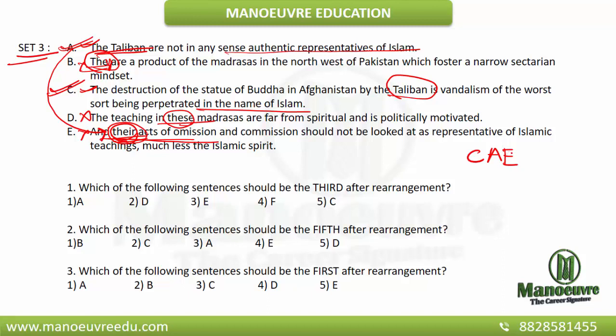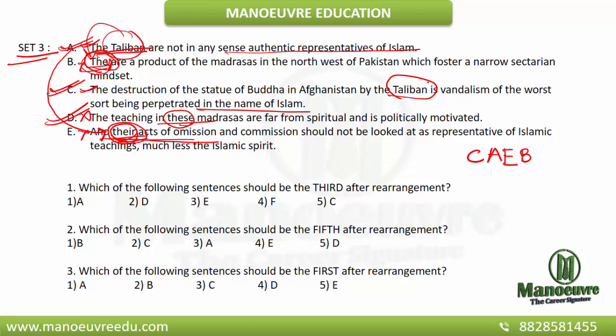Now, which can be my fourth statement? "They are a product of the madrasas in the northwest." Here "they" again refers to the group Taliban. They are a product of the madrasas in the northwest of Pakistan which foster a narrow sectarian mindset. So this is going to be my fourth statement. And the last statement is going to be statement D, "the teachings in these madrasas."